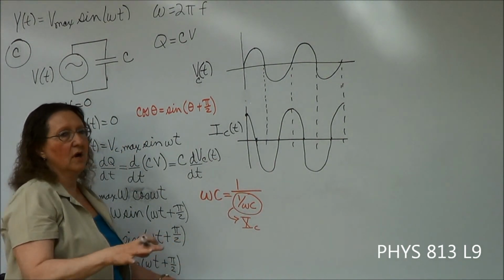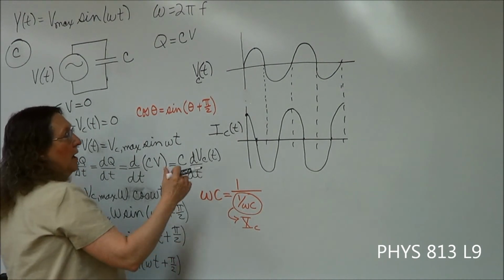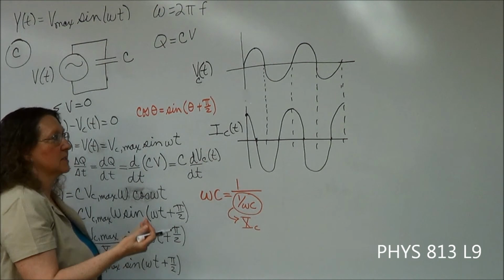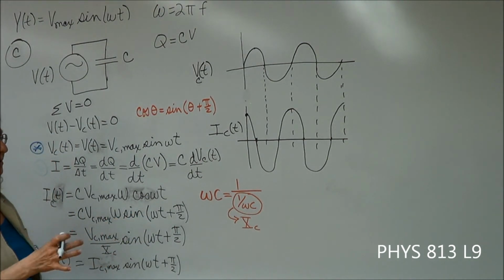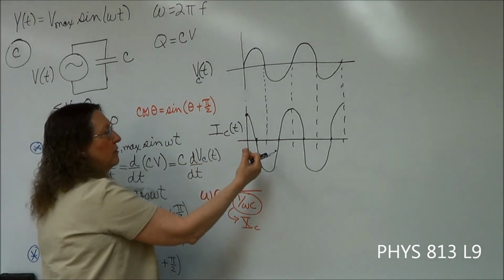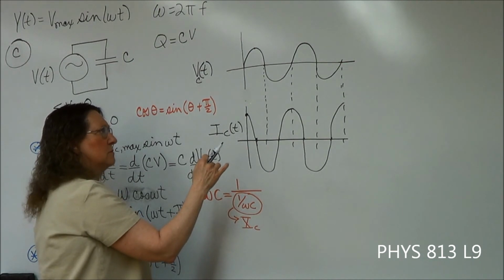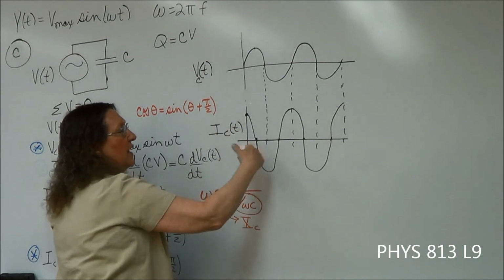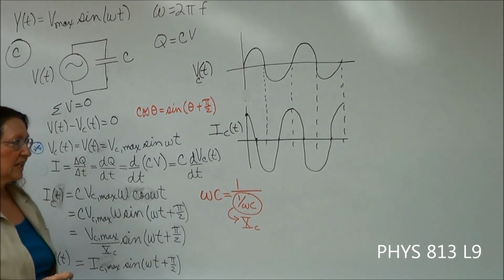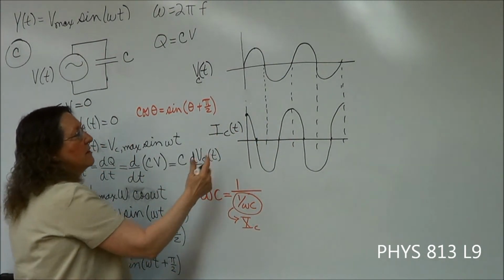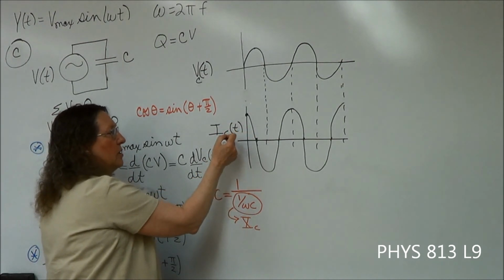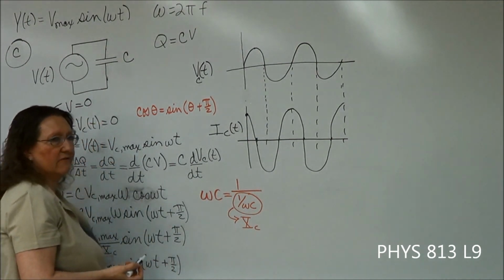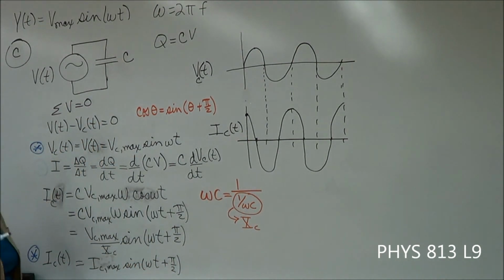If you can draw these very nicely, you could draw one of these on really thin paper and then put it on top, move it over, and trace it. But the important thing is that this current is shifted 90 degrees to the left of the voltage.